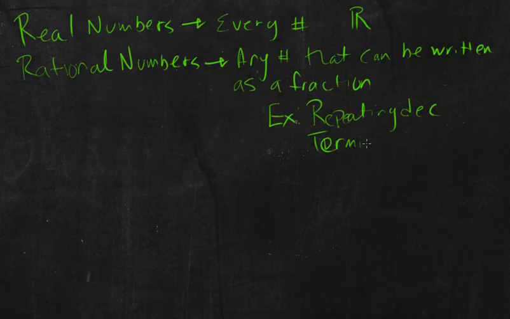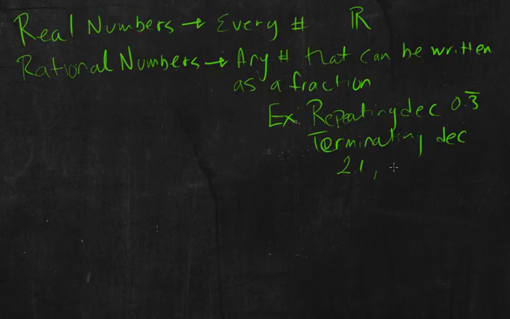A repeating decimal might be something like 0.3 repeating. That can be written as a fraction as 1/3. Now, a terminating decimal might be like 2.1. That can be written as 21/10.